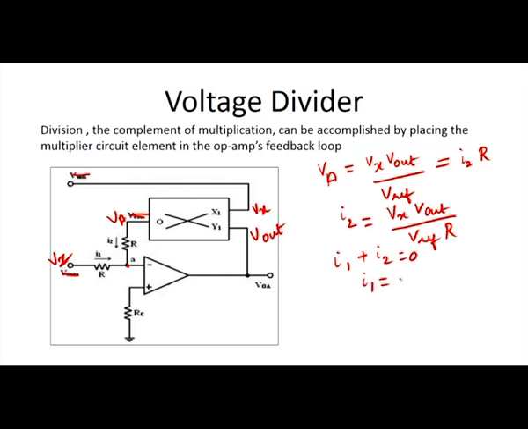So I1 is equal to minus I2. So here I1 is written as minus Vx V out by V reference into R.